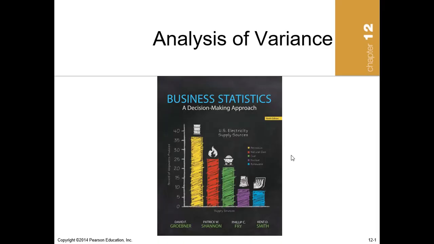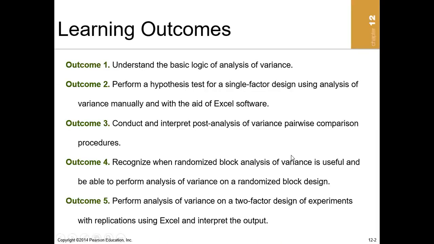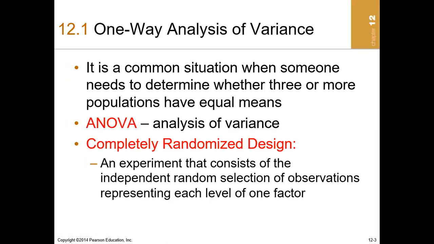The analysis of variance. So by definition, you realize that analysis of variance is used in this situation. It is a common situation when someone needs to determine whether 3 or more populations have equal mean, all right?